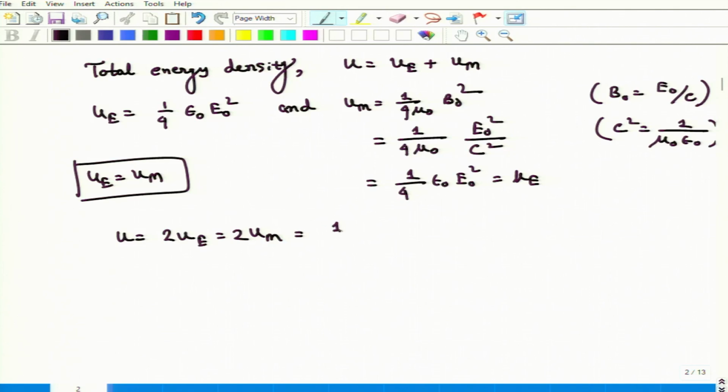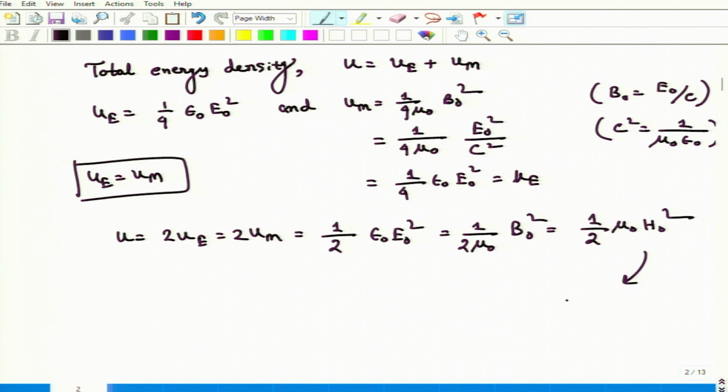equals 1 by 2 epsilon naught E naught square, or we can write 1 by 2 mu naught B naught square, or we can write 1 by 2 mu naught H naught square, where we know that H naught times mu naught equals B naught. Okay, so this is our total energy density. Actually, if we take the total oscillation, then it will be the average energy density.